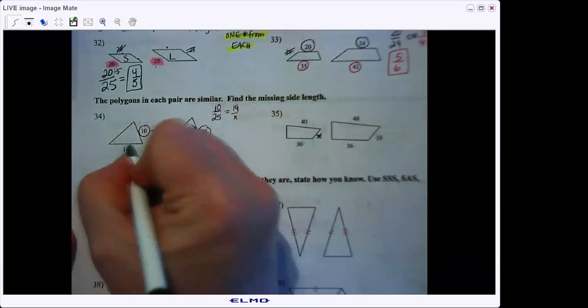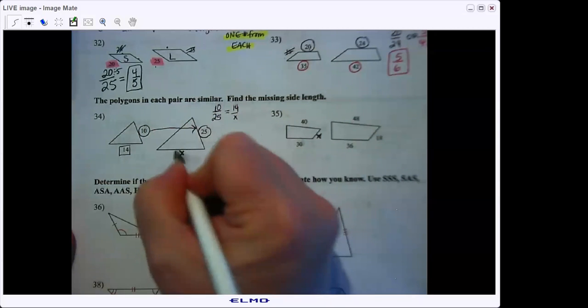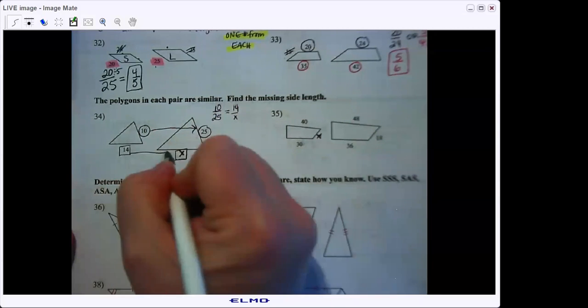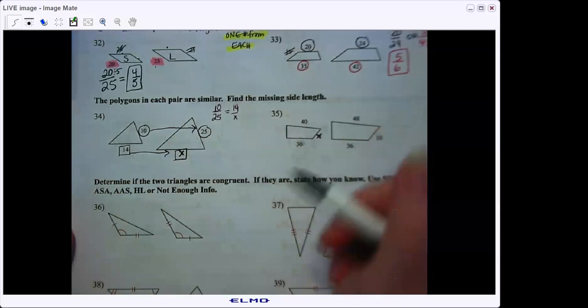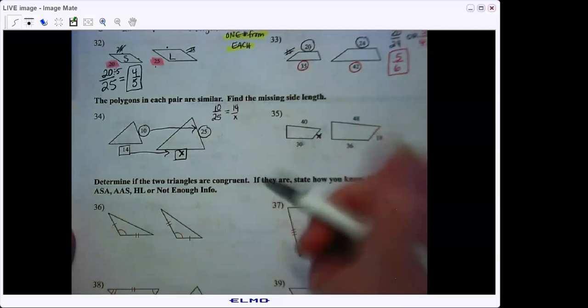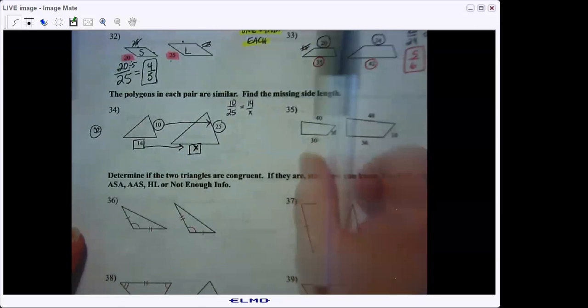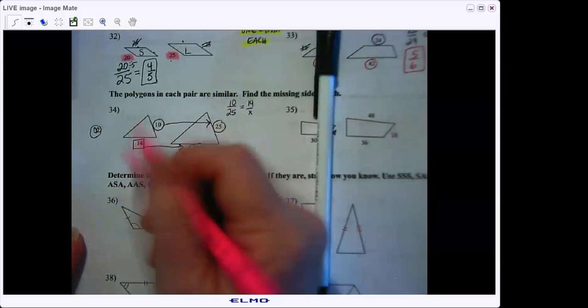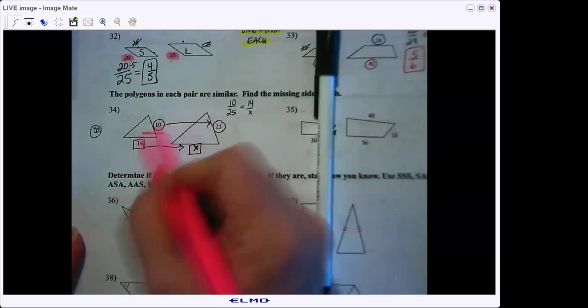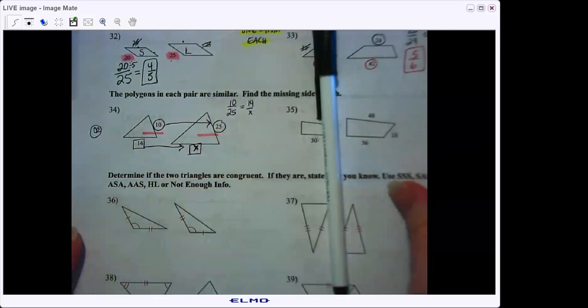Because they match, they correspond. I do this one, the bottom over bottom. So that's one way. Or I could go back to setting it up like it's a fraction. I could say 10 over 14 equals 25 over x.